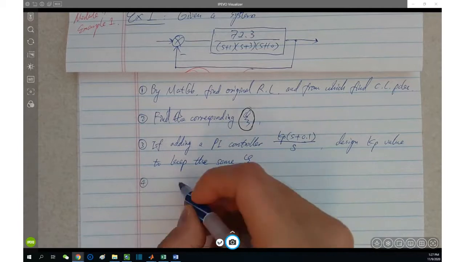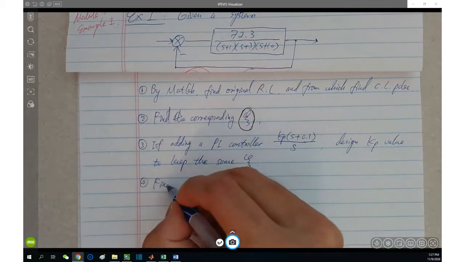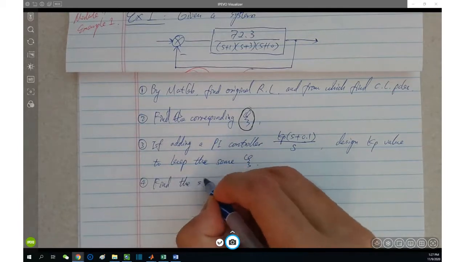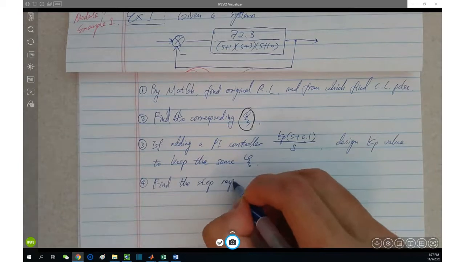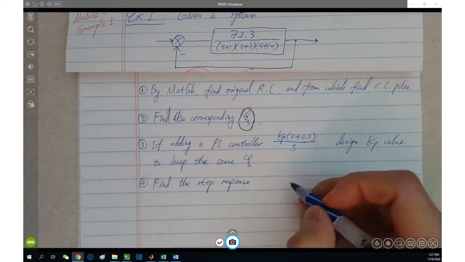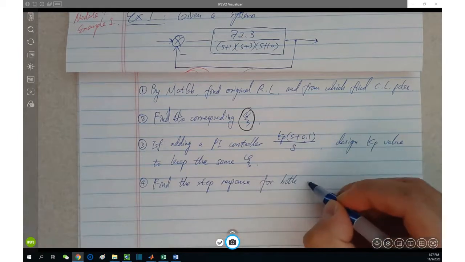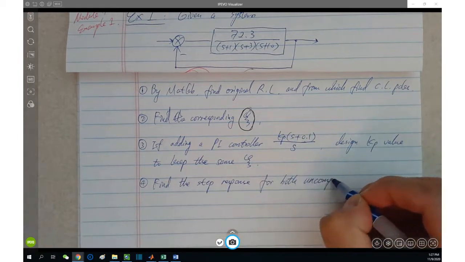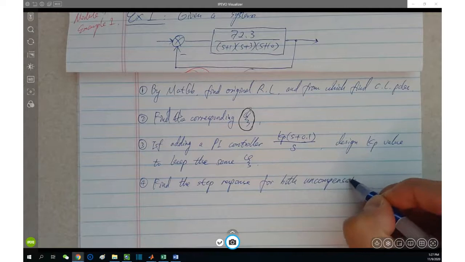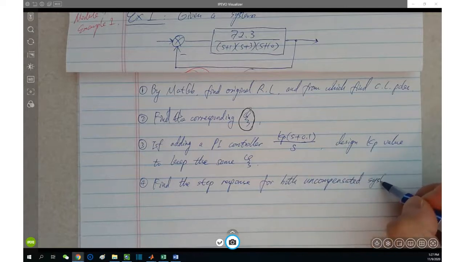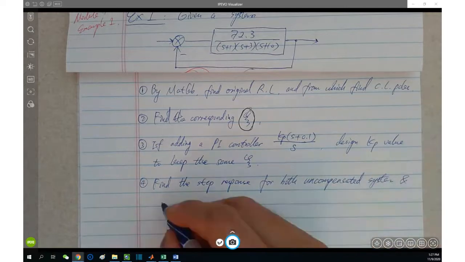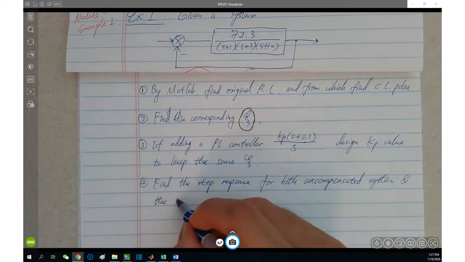Question 4 is find the step response for both the uncompensated system and the compensated system.